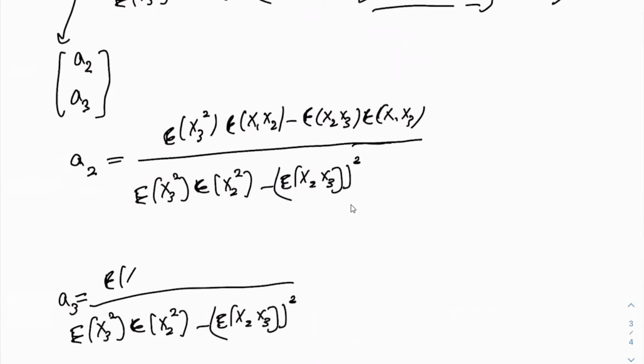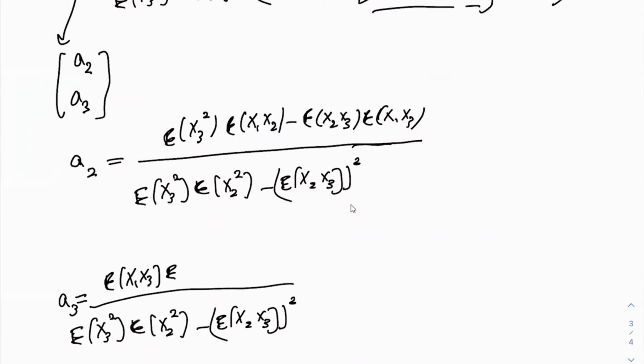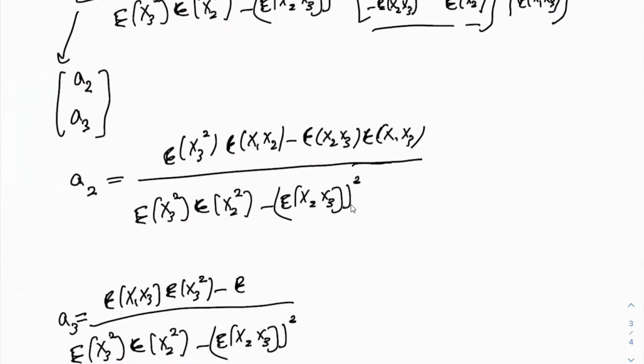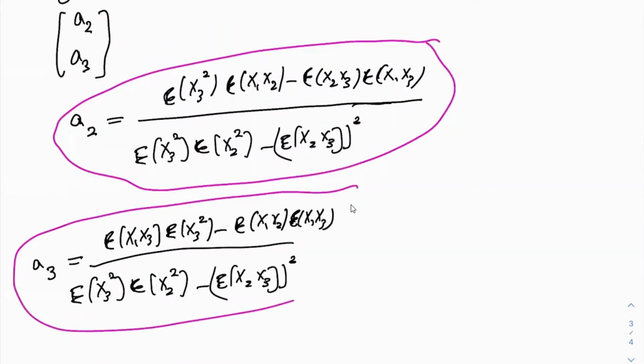First, I'm going to write the positive side, E of x3 squared minus E of x1, x2 times E of x1, x3. And this is going to be A3. So this is going to be our optimal coefficient if we use the MMSE. This is A2 and this is A3.